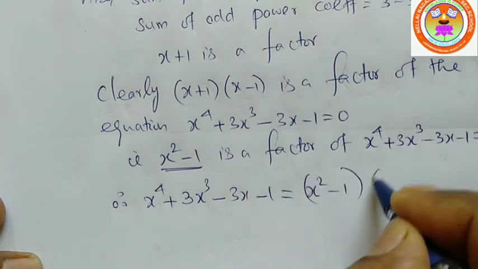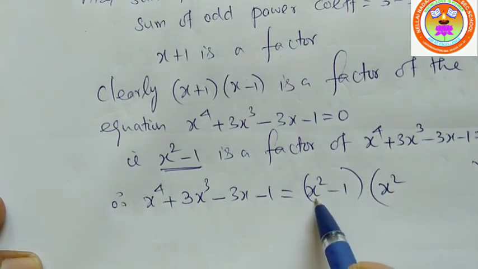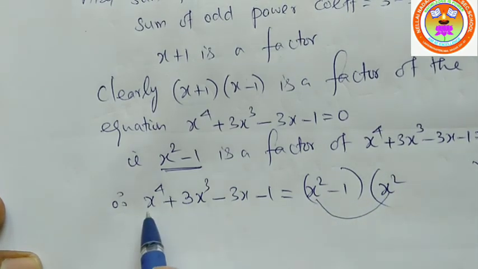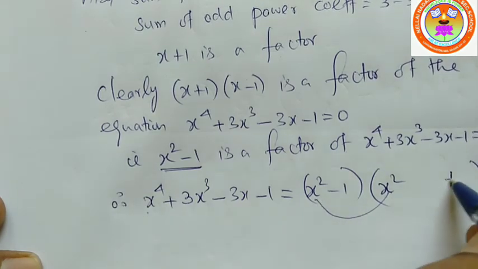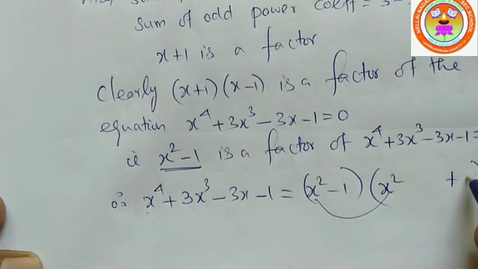into the product of some other quadratic polynomial, that is x square. When we multiply first and first, we need to get the first term, x square and x square, x raised to 4. When we multiply the last term, we need to get this minus 1. So minus 1 into plus 1 is minus 1.